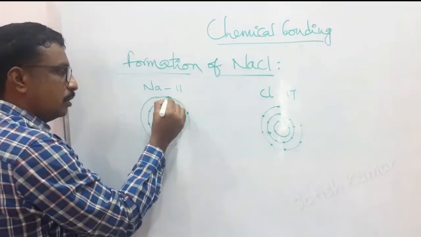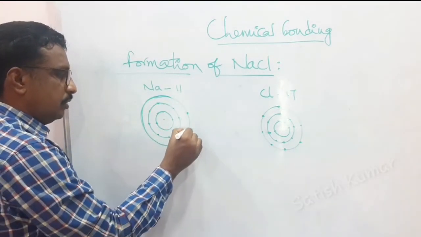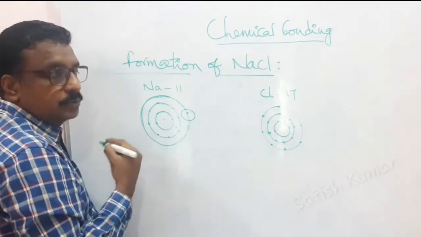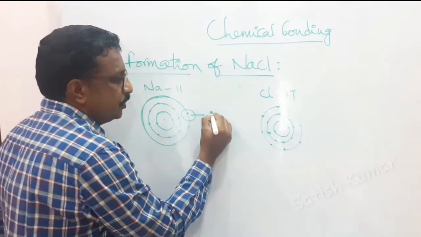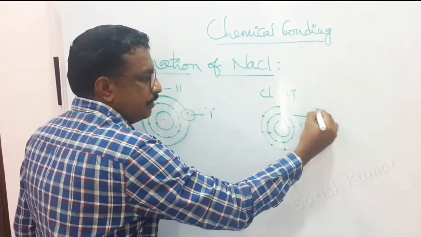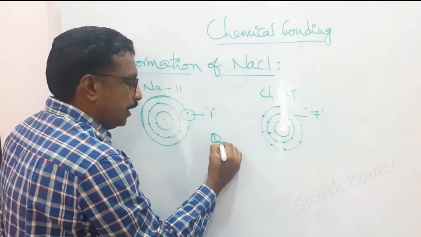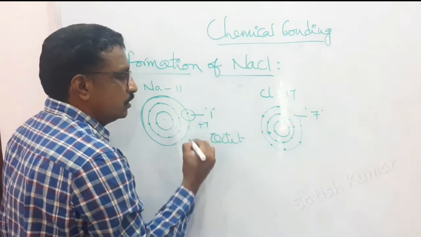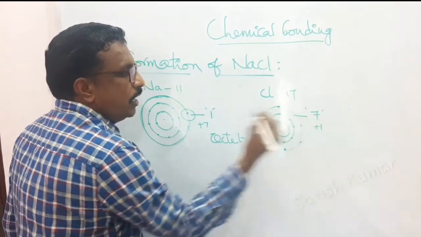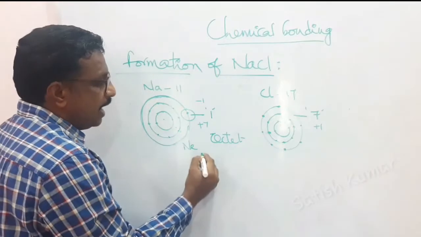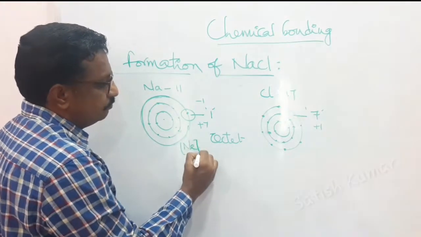So the outermost shell, the valency shell of sodium, contains 1 electron, meaning the valency electrons in sodium is 1. Here the valency electrons are 7. To get the octet configuration, chlorine needs 1 electron, while sodium can lose 1 electron, so it has the configuration of neon.